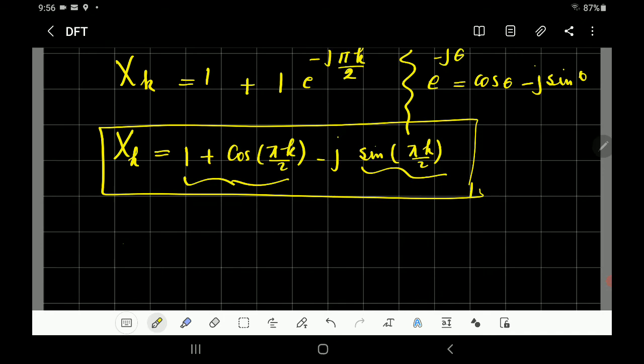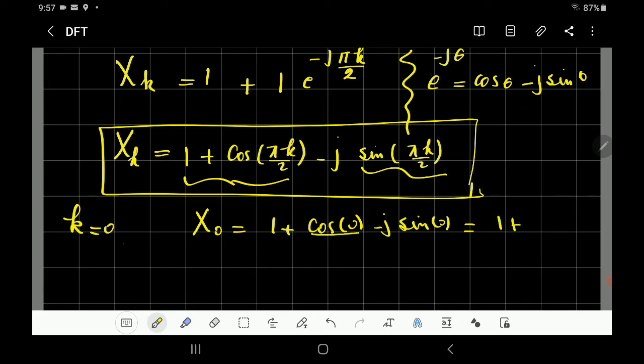What is the second step? Substitute the value of k from 0 to 3. We'll start with the first one. k is equal to 0. So x0 equals 1 plus cosine, substitute k equal 0, minus j sine 0.